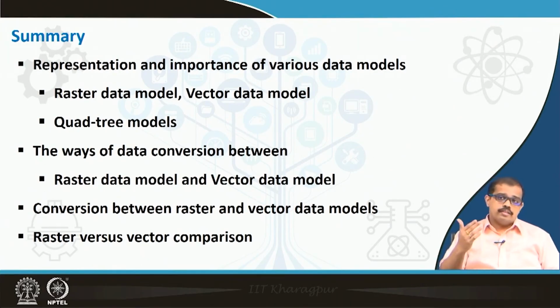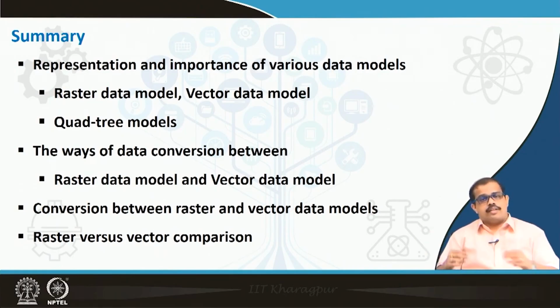Then you have vector to raster conversion, wherein each of these areas is converted into pixels. Then with raster to vector conversion, you have to digitize each of these rasters, give it an attribute value, and then it is converted from raster data to vector data.